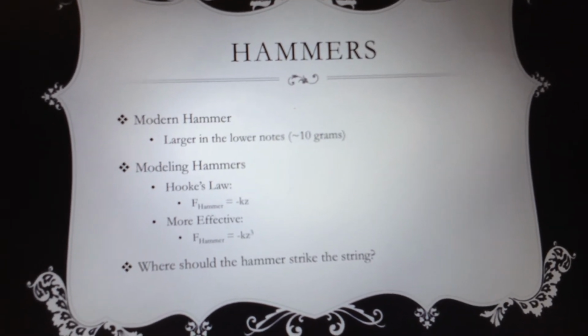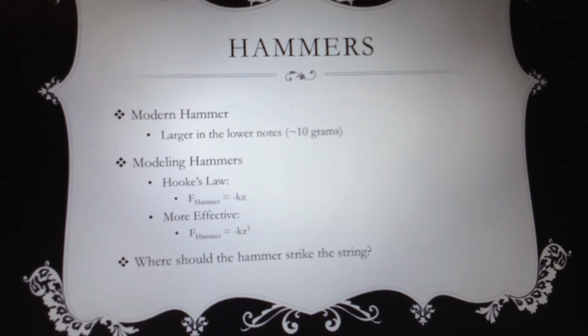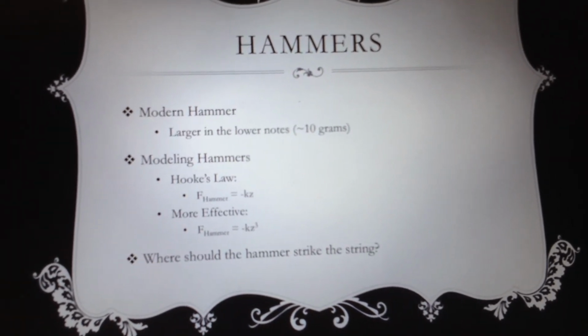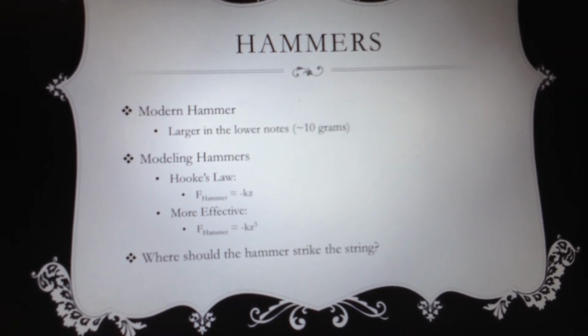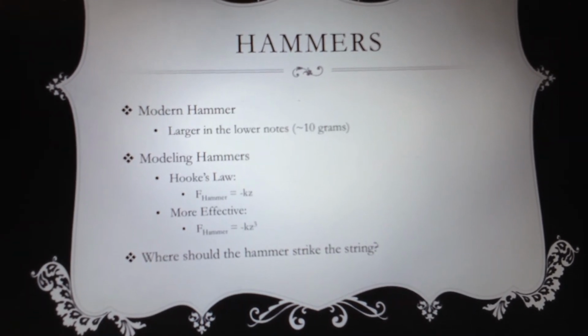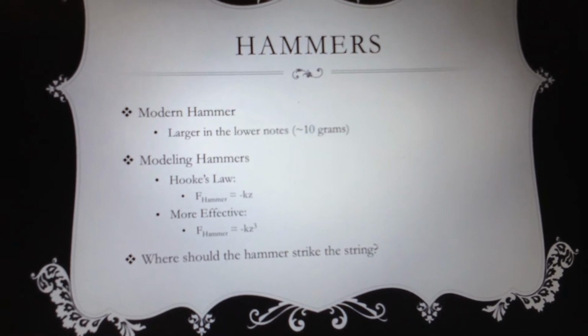So, hammers. In modern pianos, the hammers are a wood core covered with a dense felt. The hammer is attached to an escapement mechanism, and the speed of the hammer depends on the key press. The hammers are largest in the bass, about 10 grams, and smallest in the treble, the higher notes, close to about 3 grams.